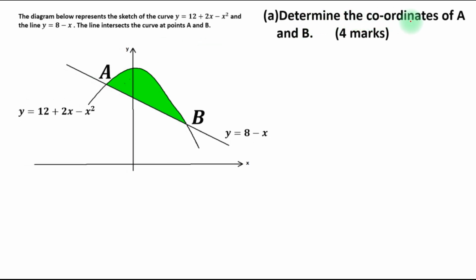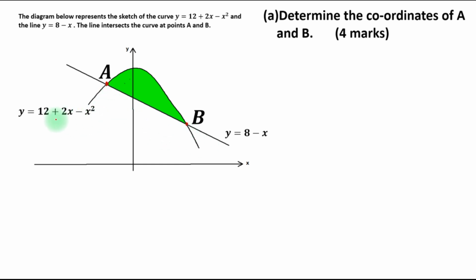Part A of the question requires we determine the coordinates of point A and B. From the general understanding, we need to know that at the intersection of the curve and the straight line, at point A and point B, their coordinates will be the same for both the curve and the straight line.